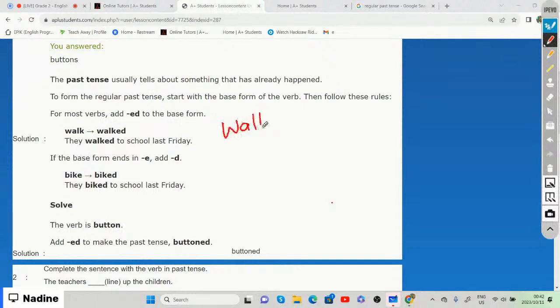If walk is our base word, then our present tense verb is walk. So walked, and there we added the ed.